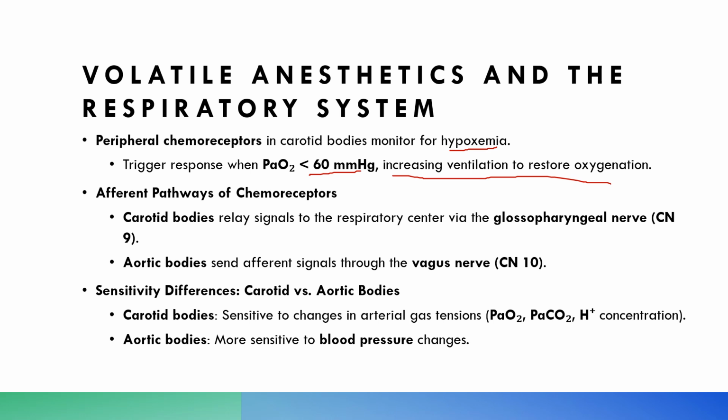Okay, and this is done through afferent pathways of our chemoreceptors. Those carotid bodies relay the signals to the respiratory center via the glossopharyngeal nerve, or cranial nerve 9. And the aortic bodies send afferent signals through the vagus nerve, but the aortic bodies are more sensitive to blood pressure changes. So we're talking about our carotid bodies here.